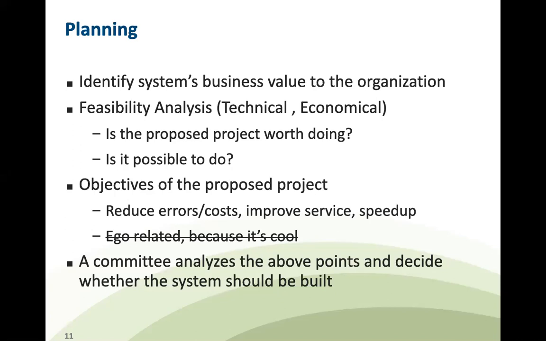You should not think that it's just a privilege. You should identify it as a resource where you can improve the service of the business and speed up the processes, efficiently producing products and services, reducing errors and costs. Those should be the objectives of the proposed project.